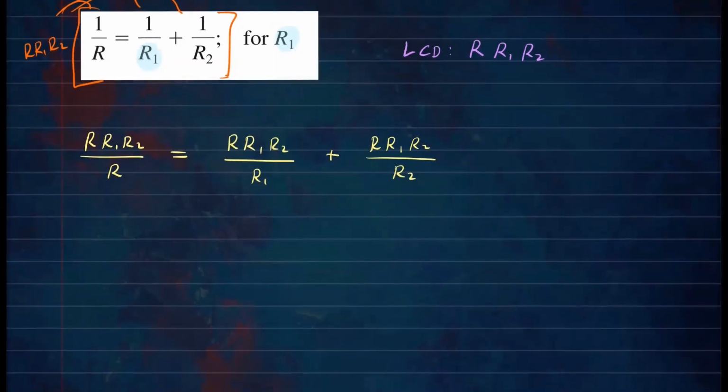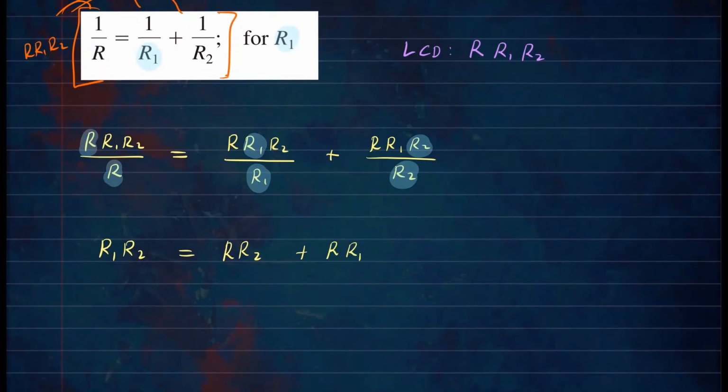For the first fraction on the left-hand side, these will cancel, so get rid of that denominator. Second fraction, well, on the right-hand side, first fraction, this one, they cancel, and these guys will cancel. So this leaves us with r1 times r2 is equal to r times r2 plus r times r1. So no denominators, wonderful.